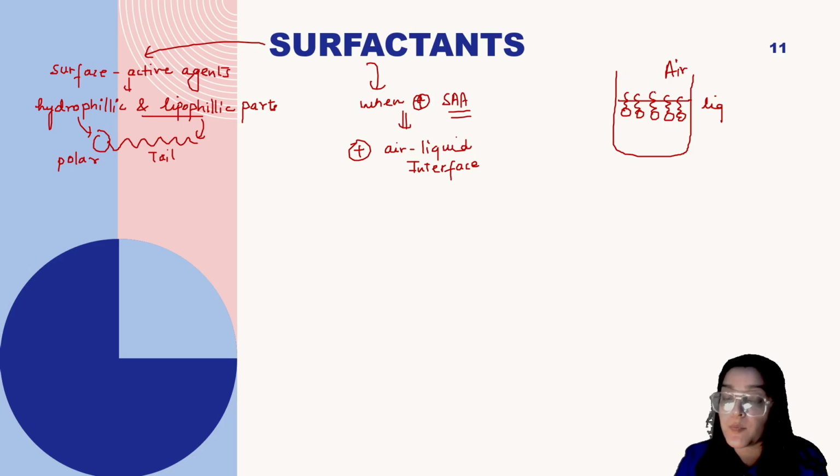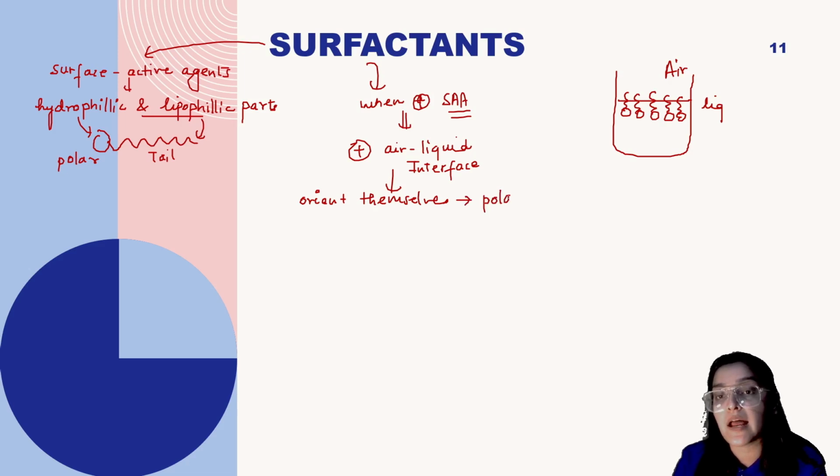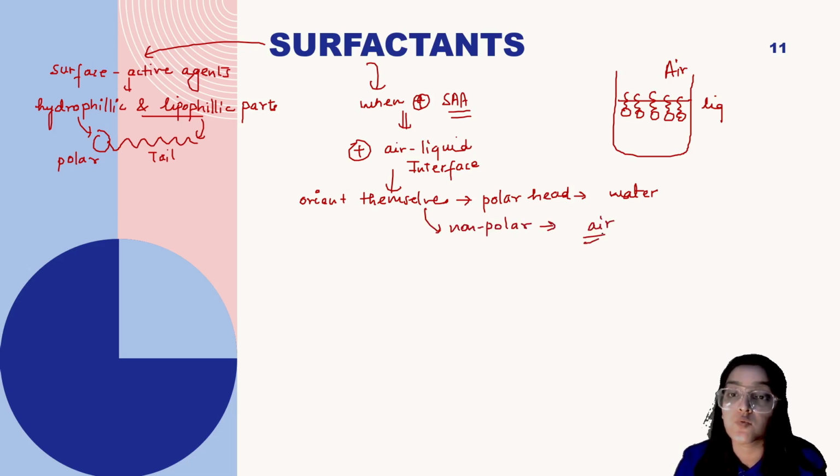Upon adding the surface active agents, the surfactants orient themselves in such a way that the polar head is towards the water, and the non-polar tail part is away from the water, towards the air, which is the lipophilic part.